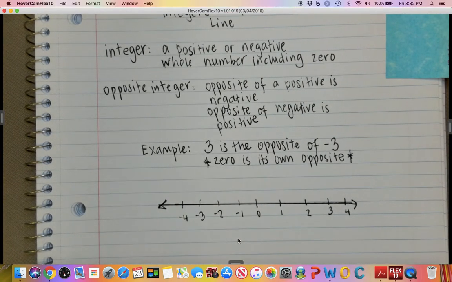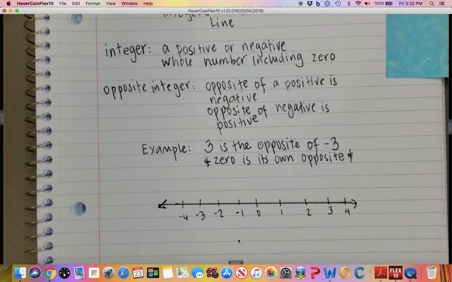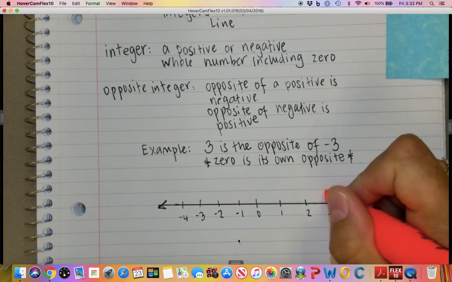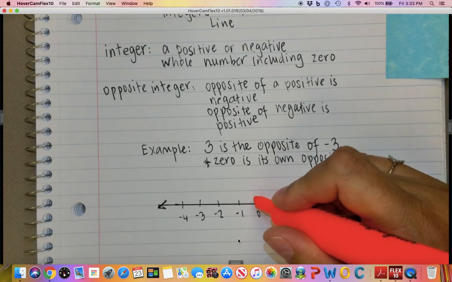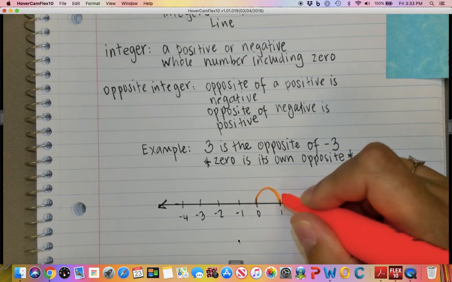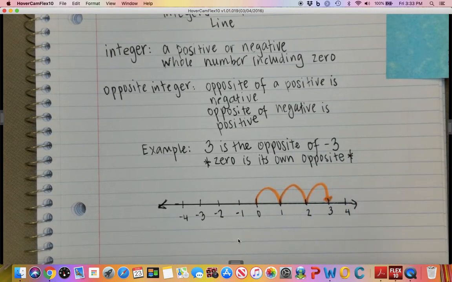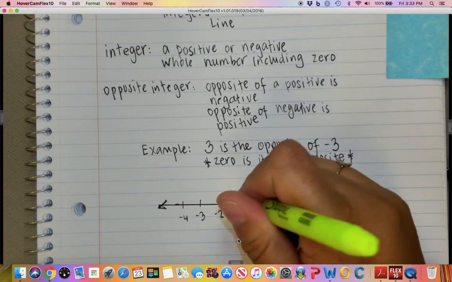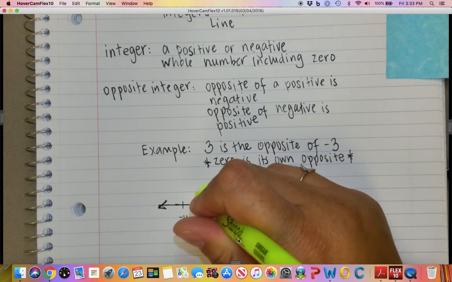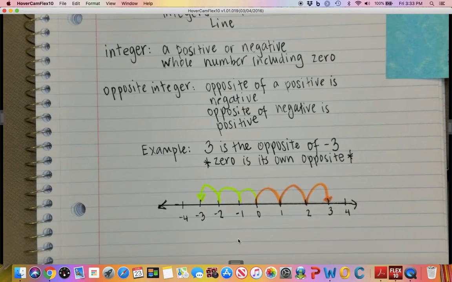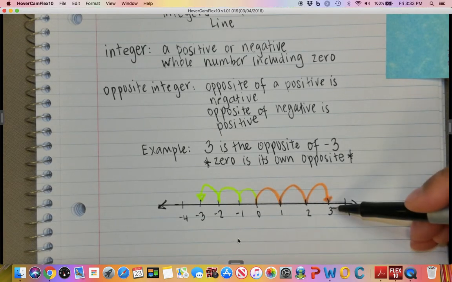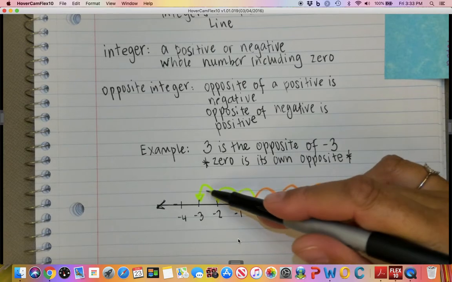So we know that if we start here with 3 and we compare it to where it is at 0, it's 1, 2, 3 spaces away from 0. And we know that the opposite of positive 3 is negative 3 because it is also 3 spots away from 0. So 1, 2, 3, 1, 2, 3.